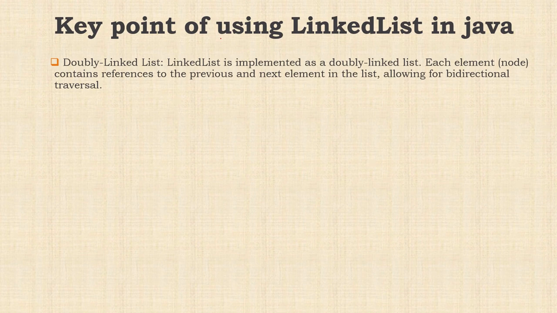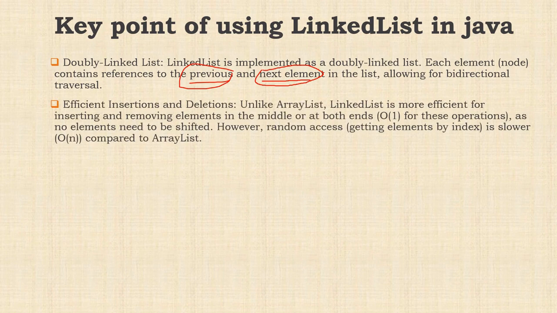Just now I showed you in the previous slide that in a doubly linked list we store the reference of the previous node and the reference of the next element, allowing for bidirectional traversal. So this is the advantage of linked list. Time complexity will be very low because it's pointing in both directions, previous and next.